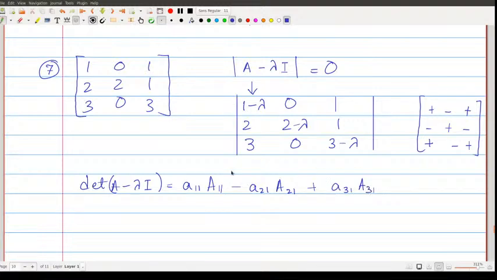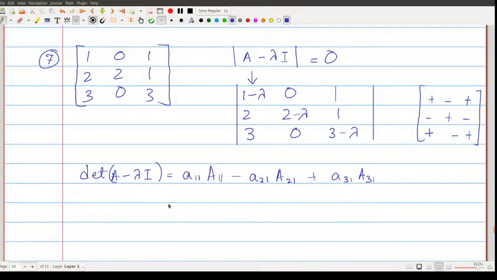So I'm going down this row, this column. So what do we have? We have 1 minus lambda, and the cofactor for this one is simply remove this row. If you remember this, remove this row, remove this column. This is the matrix that we get. Okay, so let's just write that here. So it's 1 minus lambda times the determinant of 2 minus lambda, 1, 0, 3 minus lambda.